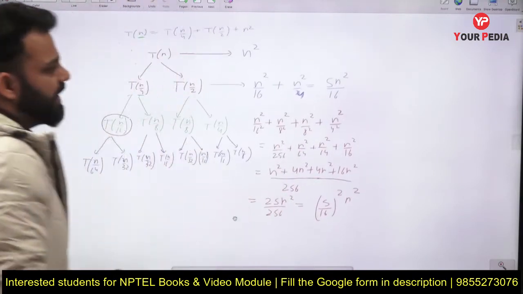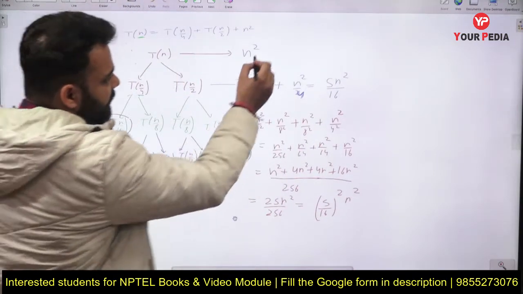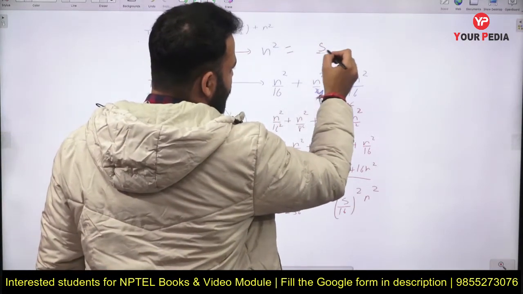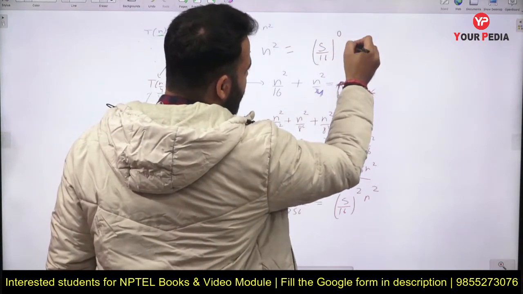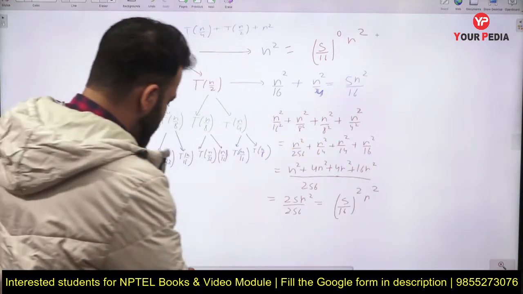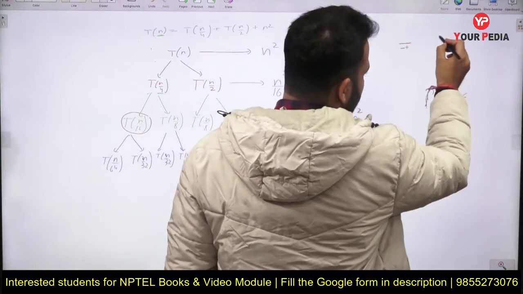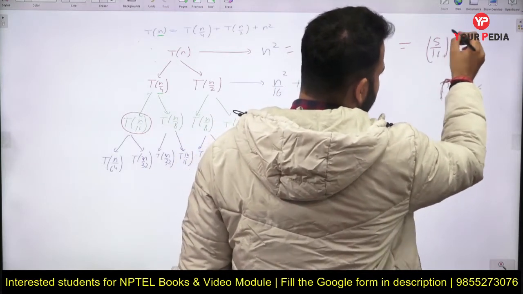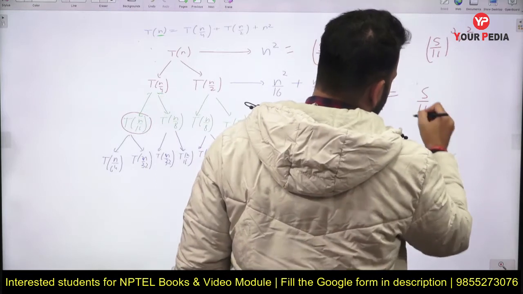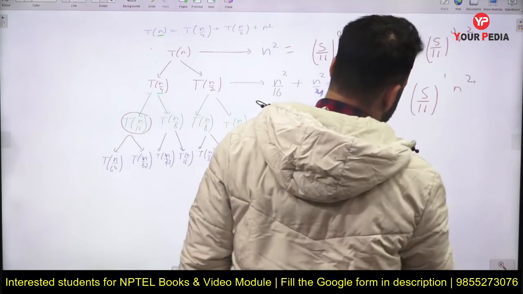Now if you try to look at the pattern, I can write this n square as 5 by 16 raised to power 0 n square. Now on the first level, the remainder is 5 by 16 raised to power 0 n square. On the second level, the remainder is 5 by 16 raised to power 1 n square.